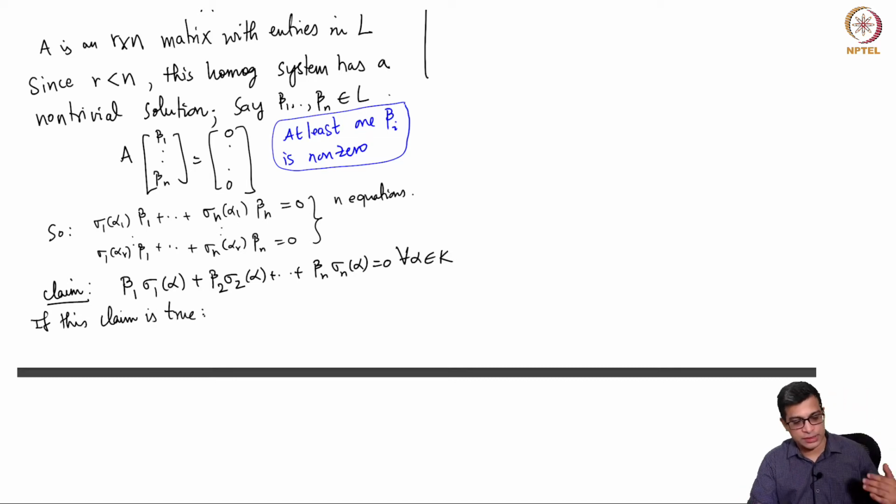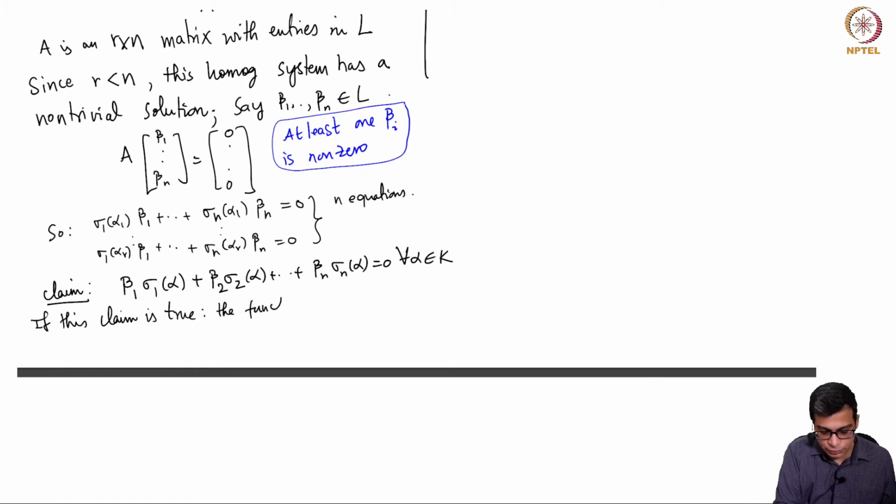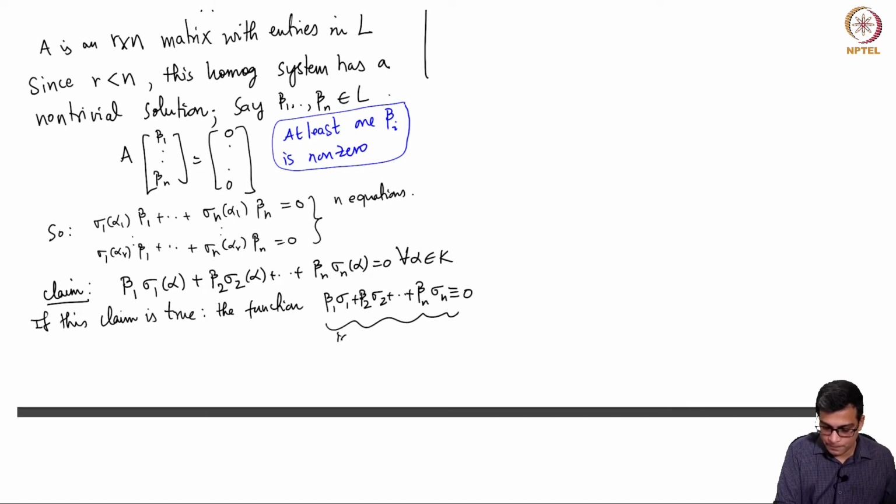If this claim is true, so I hope you are following this. This is nothing more than just playing with linear equations. So if this claim is true, then beta 1 sigma 1 alpha plus beta 2 sigma 2 alpha plus dot dot dot plus beta n sigma n alpha is 0 for all alpha in K. Then the function beta 1 sigma 1 plus beta 2 sigma 2 plus dot dot dot plus beta n sigma n is identically 0, right?